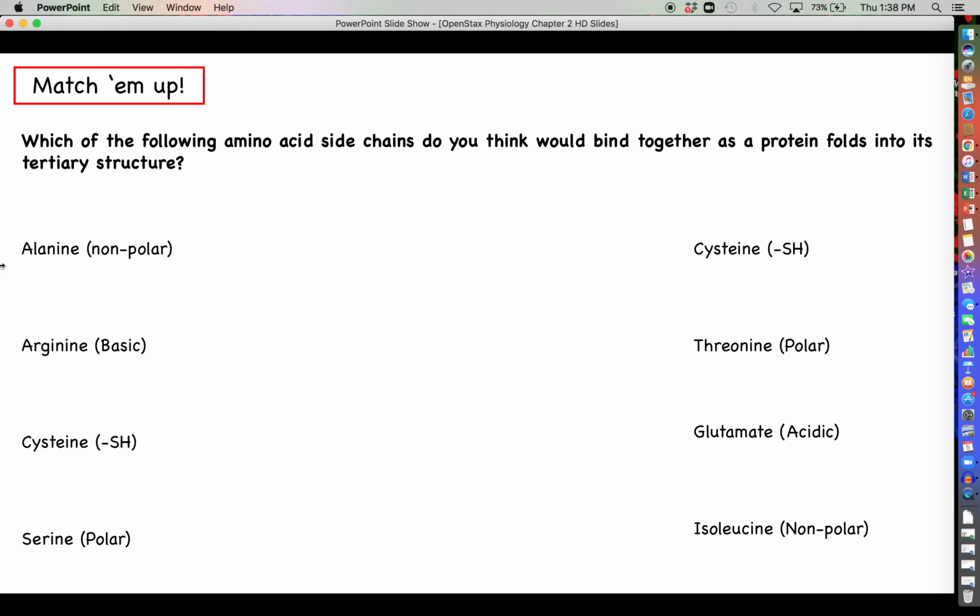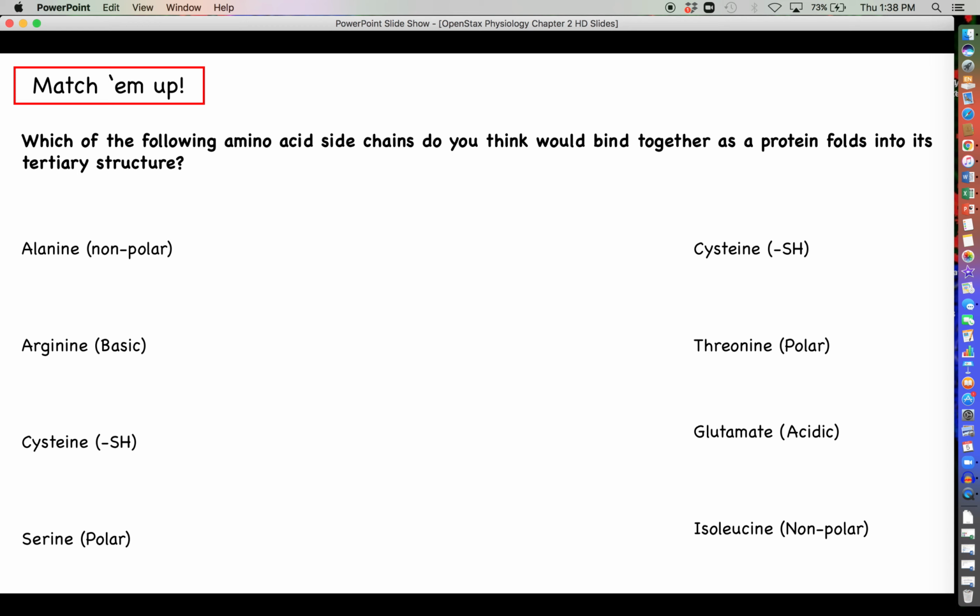Okay, so if we start with alanine, alanine is a non-polar side chain. So the question is, which one of these 4 over here is it going to want to interact with? Cysteine, which has a free sulfhydryl, threonine, which is polar and has a hydroxyl functional group, glutamate, which is acidic, or isoleucine, which is also non-polar.